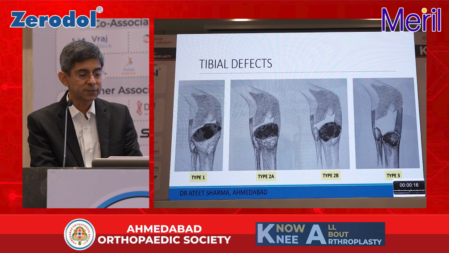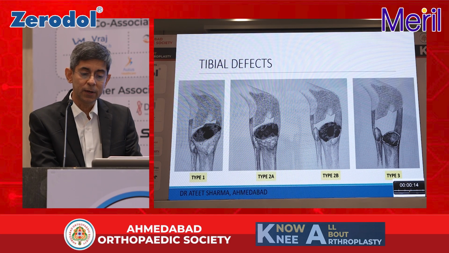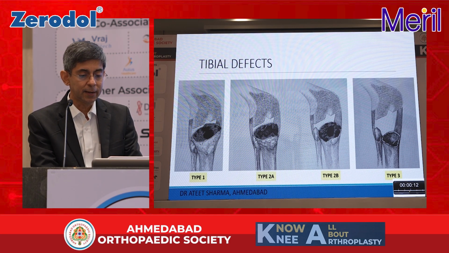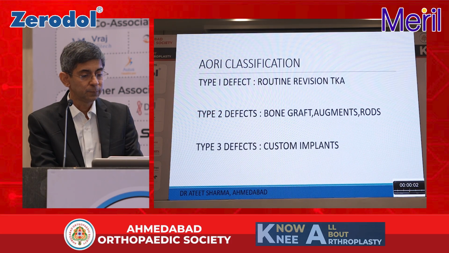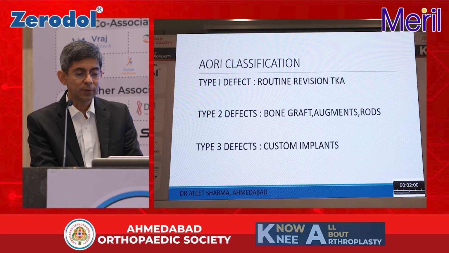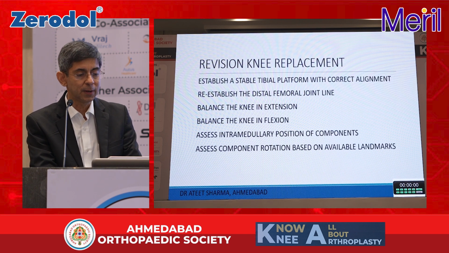In the tibia, type 1 has intact metaphysis, type 2 has one or two condyles gone but the ligaments still intact. 2A is above the fibula tip, while type 2B is below the fibula tip, and type 3 is below the level of patella tendon insertion. So type 1 is routine revision, type 2 needs bone graft augments, and type 3 needs custom implants.